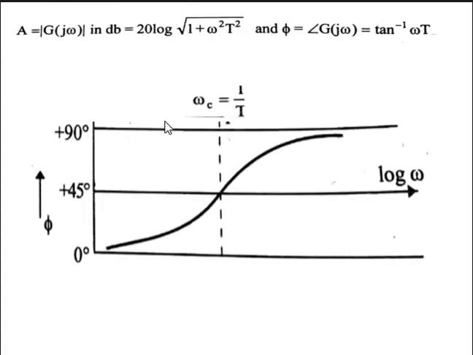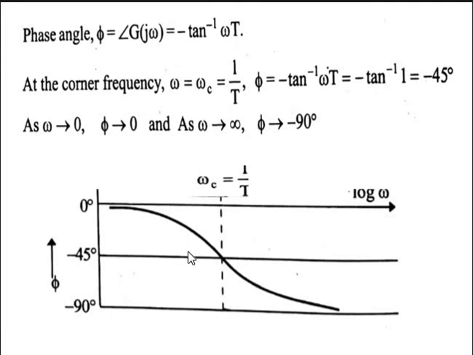So this is the phase plot for a zero. Here also, first we want to find the corner frequency omega c, which is equal to 1 by T. So there is quite a difference. At omega is equal to 0, it starts at 0. At omega is equal to omega c, that means the corner frequency, it reaches plus 45 degrees, whereas in the pole case it is minus 45 degrees.